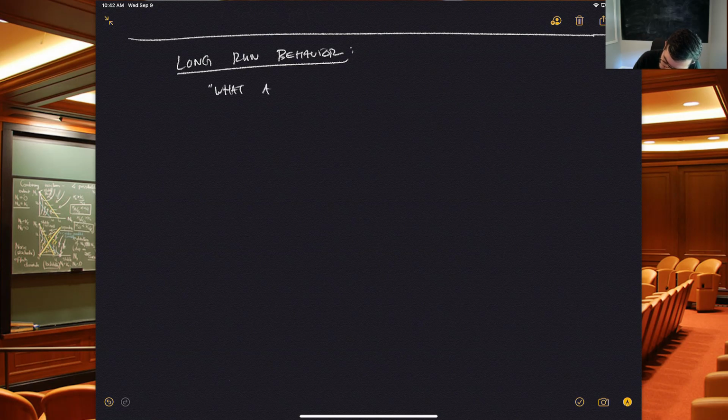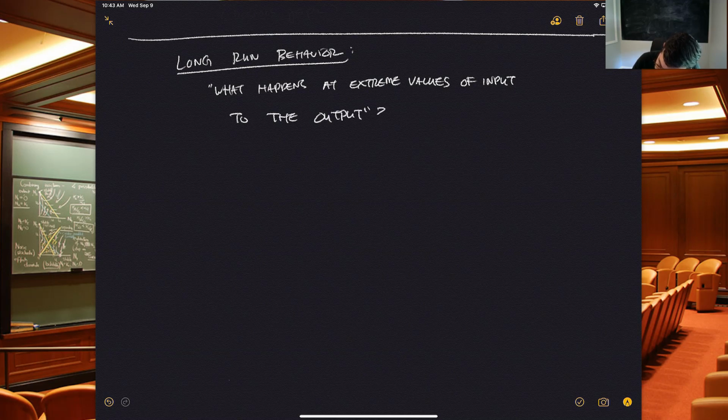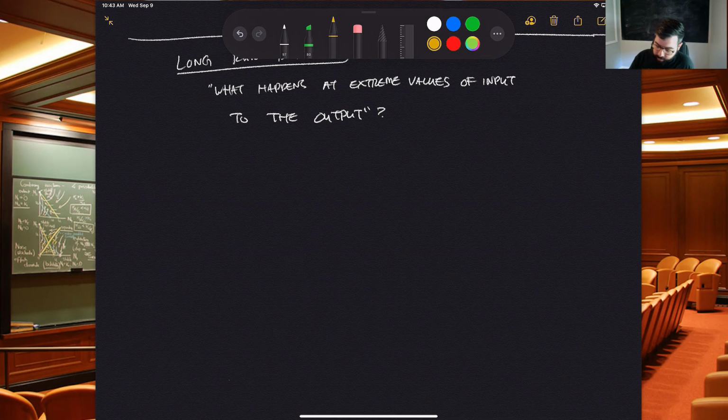We're asking the question, what happens at extreme values of the input to the output? And there's really only two answers that can come from this.